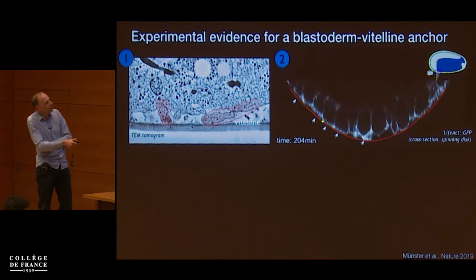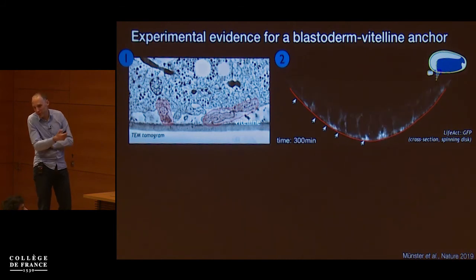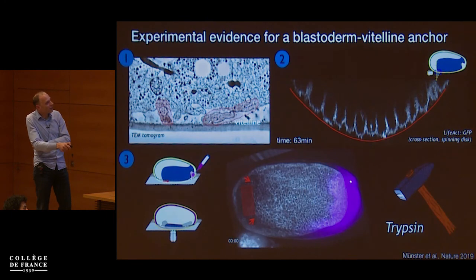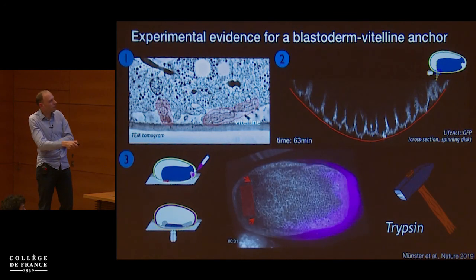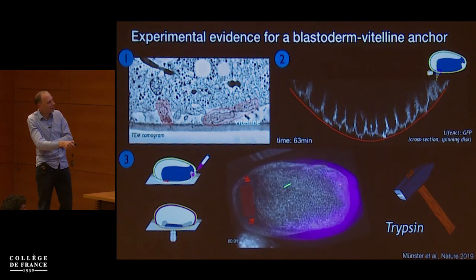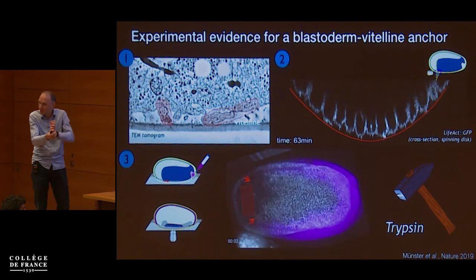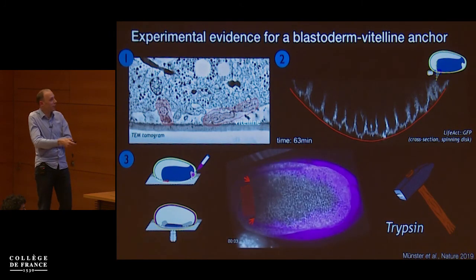You see that some really touch down, maybe attached. We can then do an experiment where we add trypsin, which is like a molecular scissor, into the extra-embryonic fluid, only outside. And that would eat up any such connections. And when we do this, this is colored in pink, this dye, you see that all of a sudden you get symmetric movements, you get a response. Okay? So this might be severing this type of attachment.